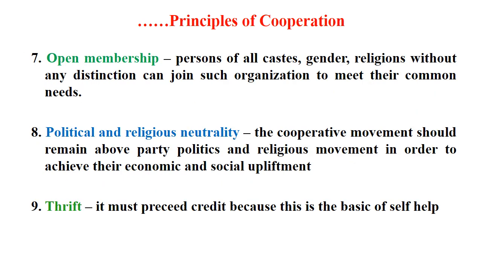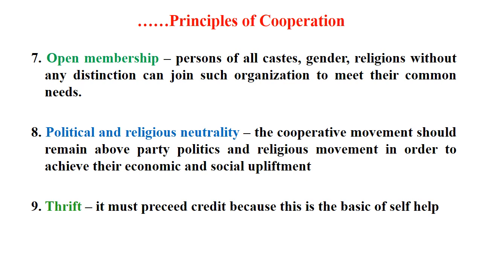In continuation of the principles of cooperation, number 7 is open membership. Here any person of any caste, gender or religion without any distinction can join such an organization to meet their common needs. So there is no disparity, open to all. Number 8, political and religious neutrality.